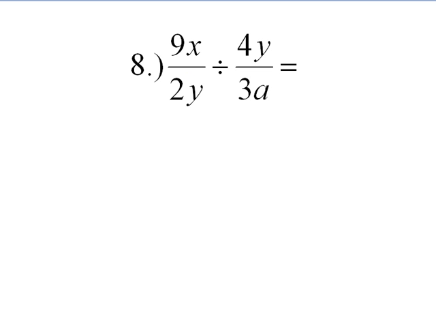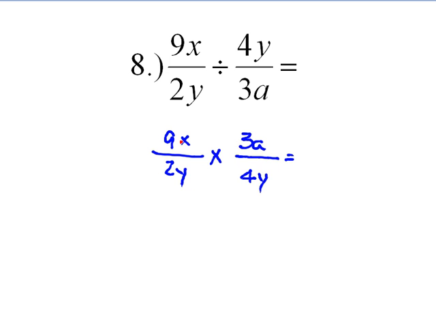Here's a division problem. Another simple one so we can catch on to the basics. We want to rewrite this as 9x over 2y times, and we write the inverse, 3a over 4y.